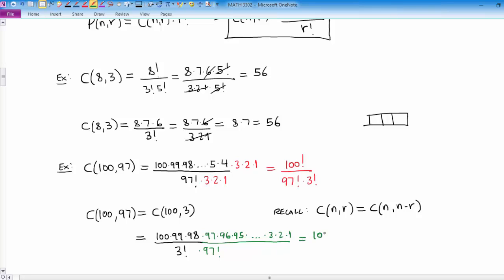So this becomes 100 factorial divided by 3 factorial times 97 factorial, which is exactly the same as here.